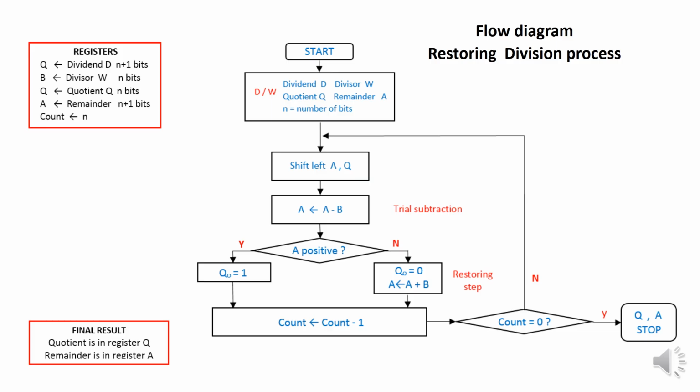To implement this flow diagram, the computer uses 4 registers and a counter: dividend, divisor, quotient, reminder, and the counter. The final result registers are built up successively by updating their value with the progress of the operation.